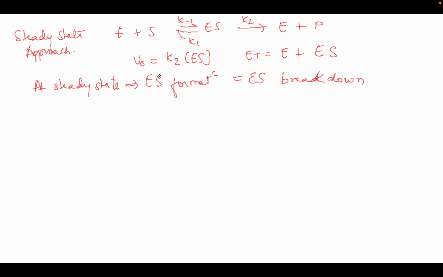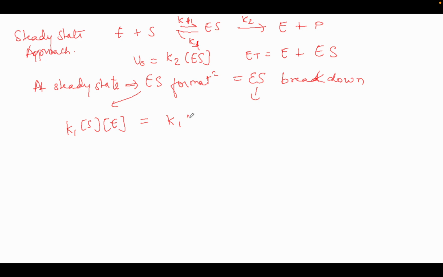So if we write the rates of formation, what is the formation of K1? The ES is formed by E plus S, and the rate is K1. This is K minus 1, and this is the ES formation. And what is the ES breakdown rate?